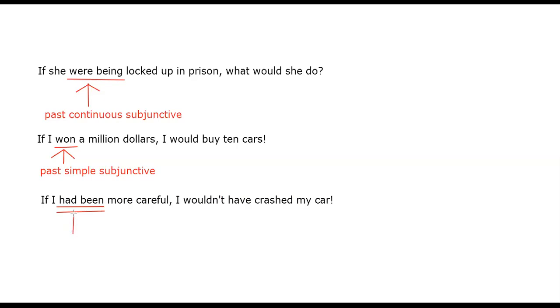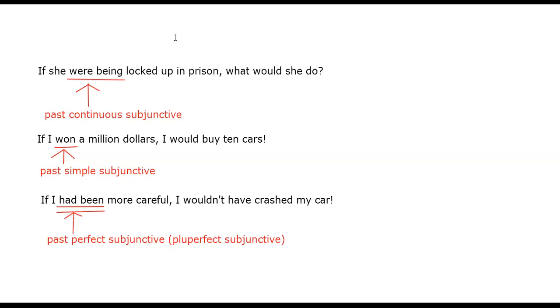So this here is the past perfect subjunctive, also known as the pluperfect subjunctive. So we have a past situation here because, again, in the past you were not careful, but if you had been more careful, you would have had a past result of not crashing your car.